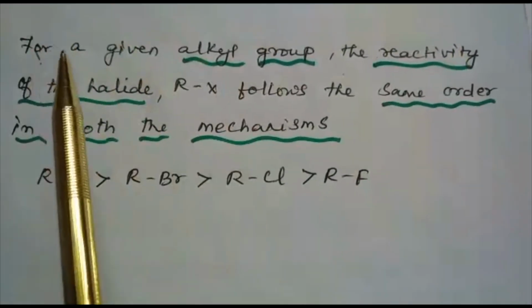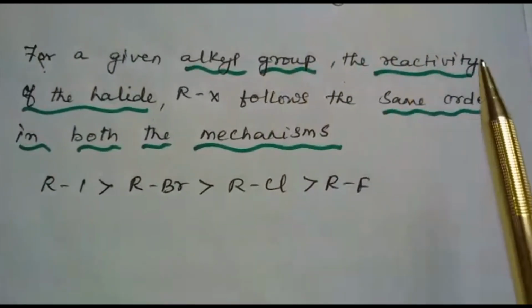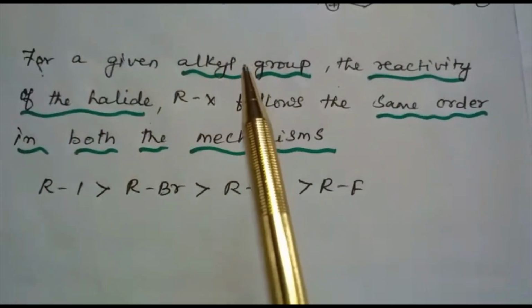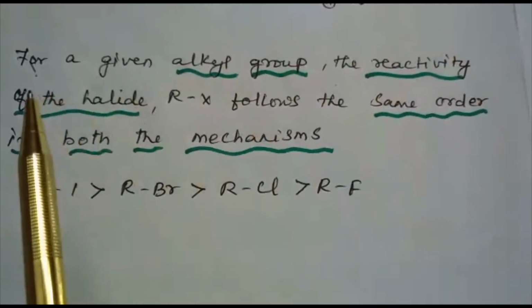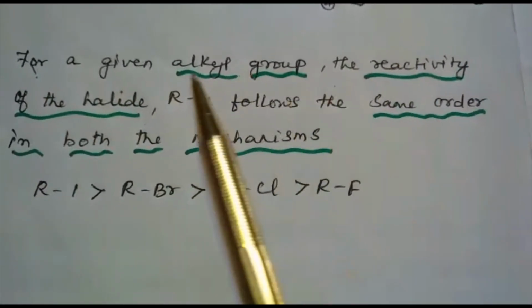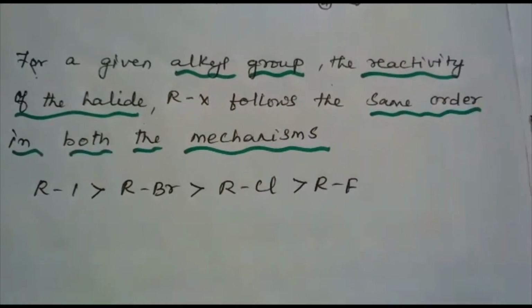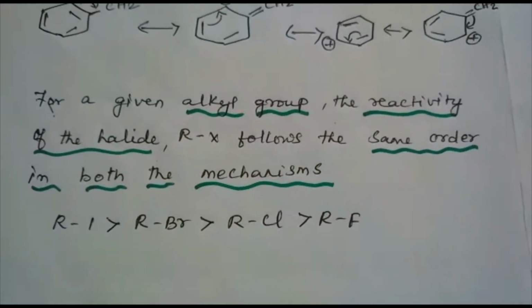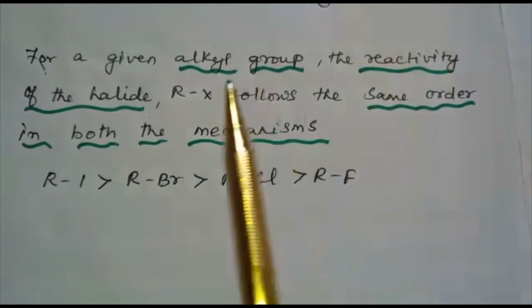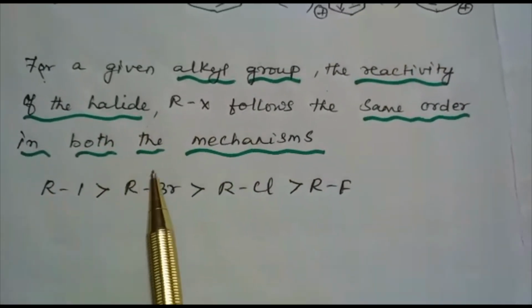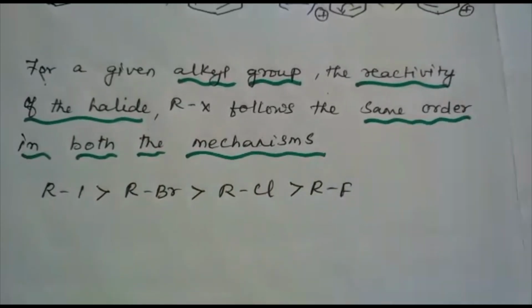And then for a given alkyl group, alkyl group meaning CH3, C2H5, C3H7 likewise, the reactivity of the halide RX follows the same order in both the mechanisms. RI greater than RBr greater than RCl greater than RF.